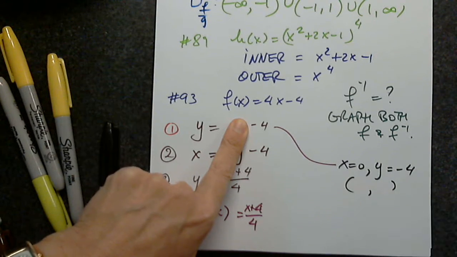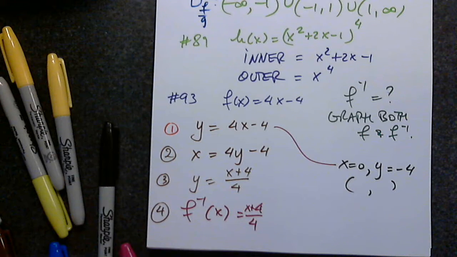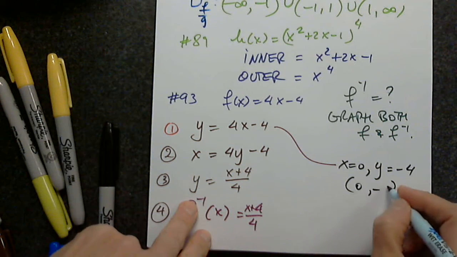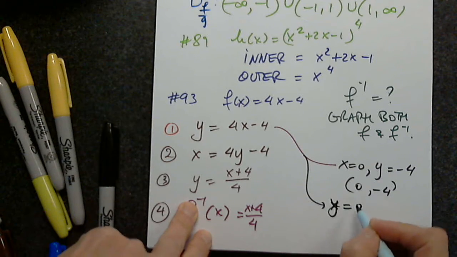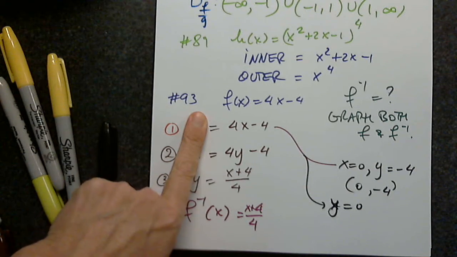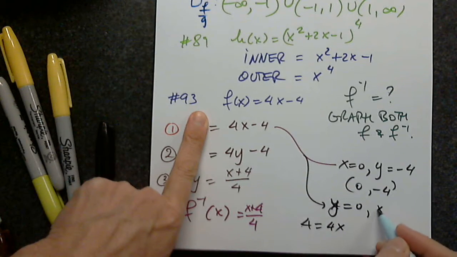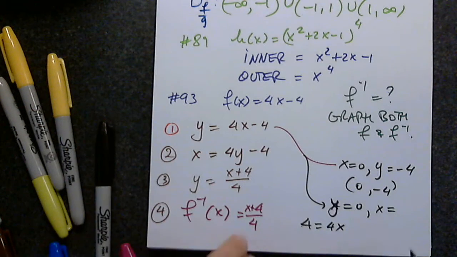And what is the ordered pair that we just determined? Awesome. Now I make y equals 0. I have to move 4. So 4 equals 4x. How much is x? 1. Is that clear? Yes?